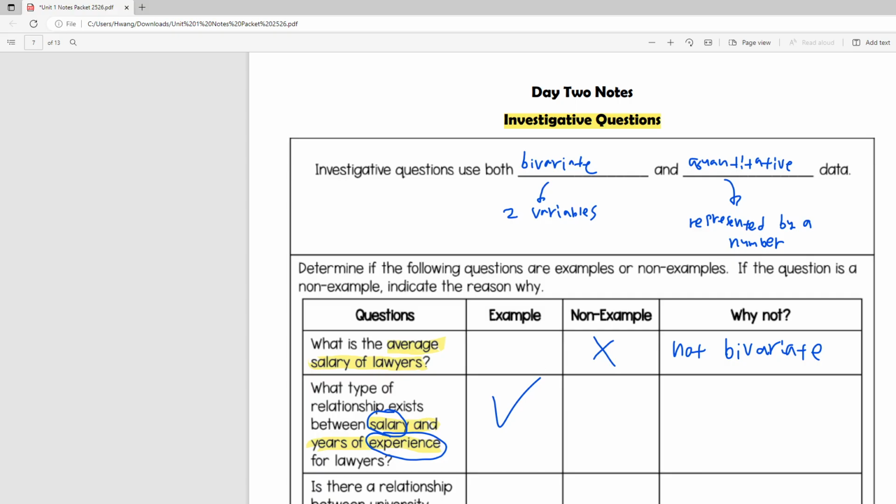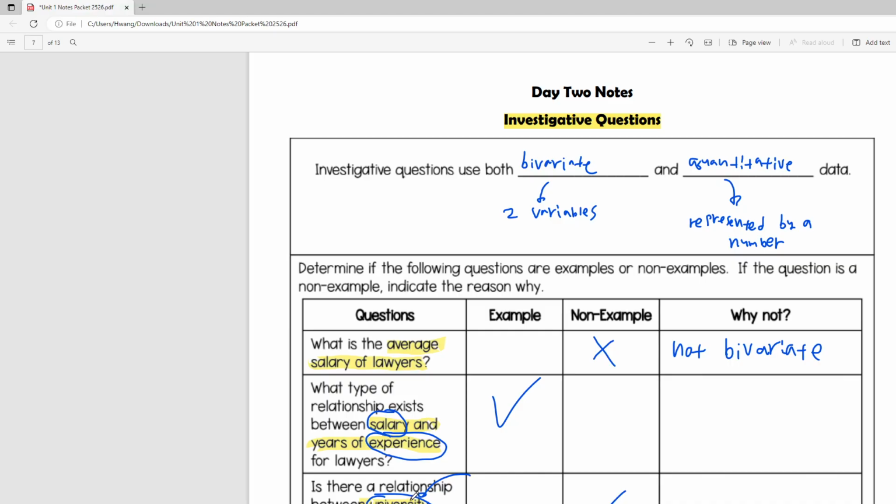Now, what about the third example? Is there a relationship between university attended and salary of lawyers? The answer is no. Even though you have two variables, each of the variables should be countable. It should be quantitative data. But look at this example. University attended: you cannot count a university attended.